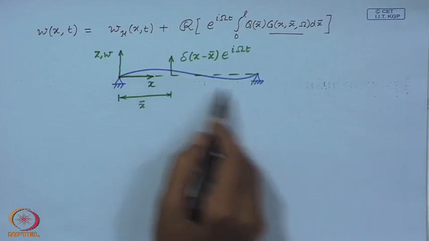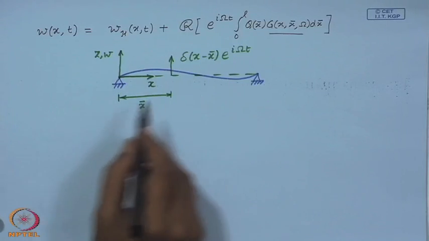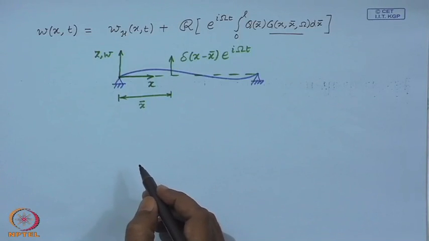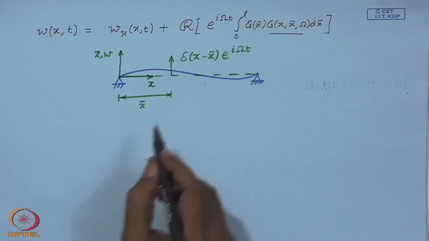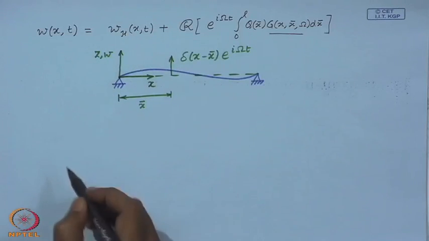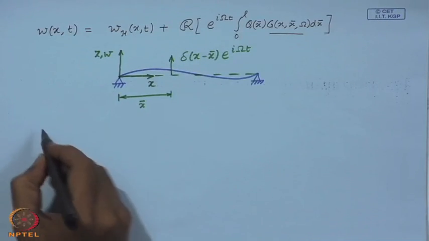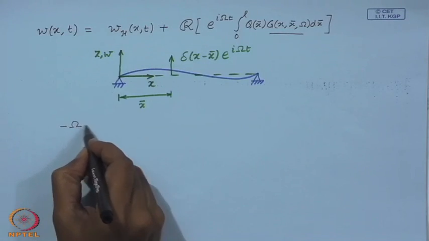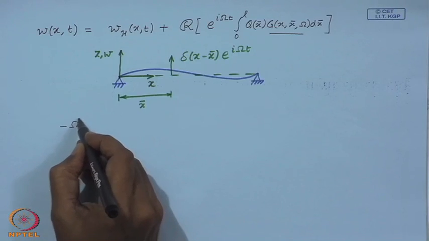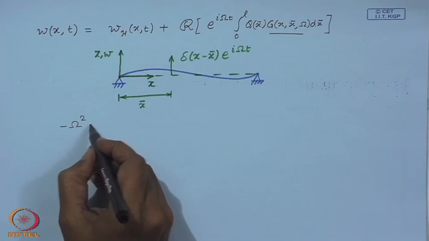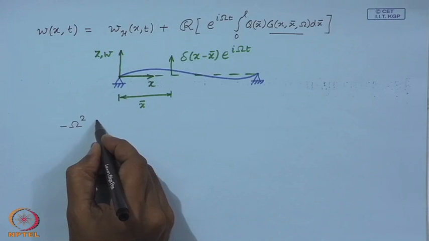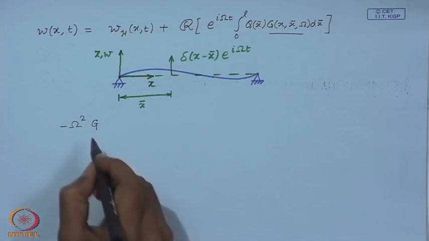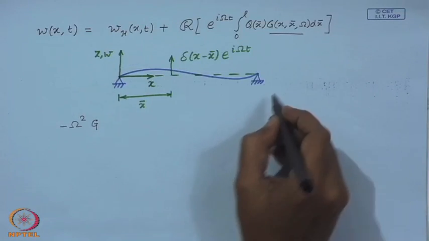So, finding out the Green's function is essentially solving this problem, and if you write down the equation of motion and substitute the solution form that we have been considering, we get the boundary value problem. So, let me write down the equations.